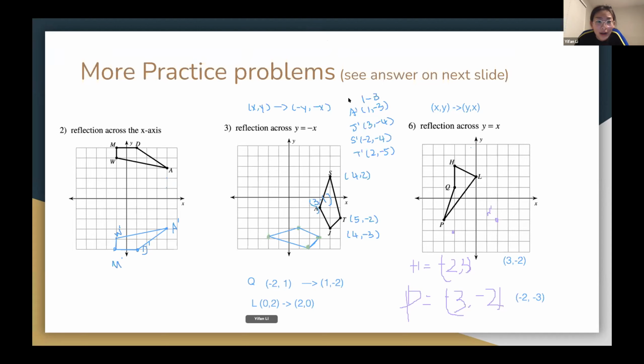And then we just graph the points: 1, -2, and 2, 0. Wait, why did this one look so weird? L prime should be here. Wait, I'm confused.